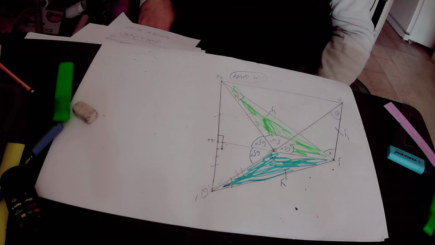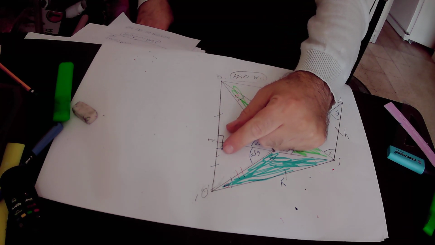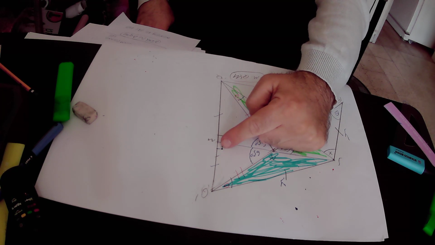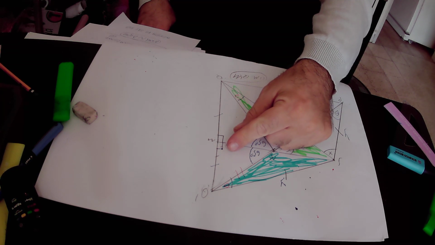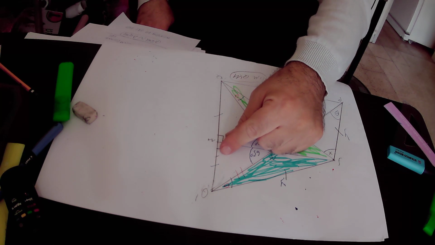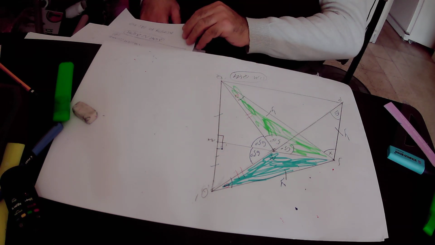Then we know that those two angles are equal to each other and they are both equal to 90 degrees. We have already proved that this angle equals 90 degrees and this is perpendicular from point Q, therefore it equals 90 degrees.